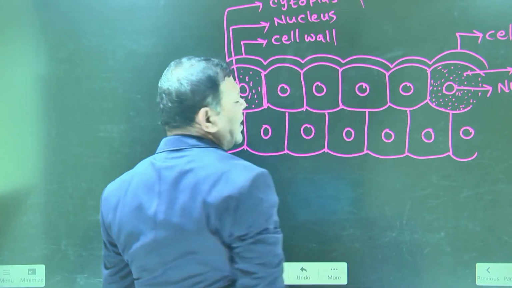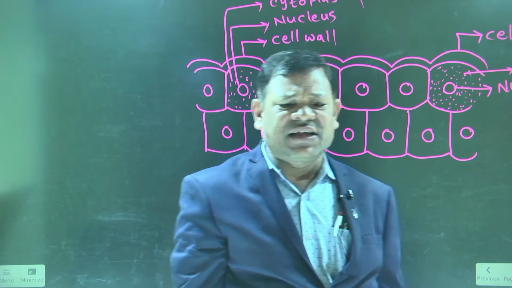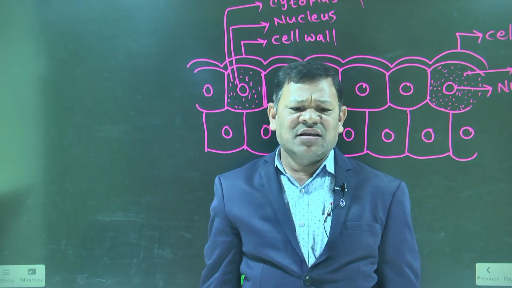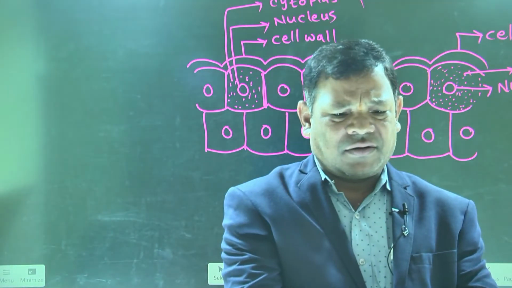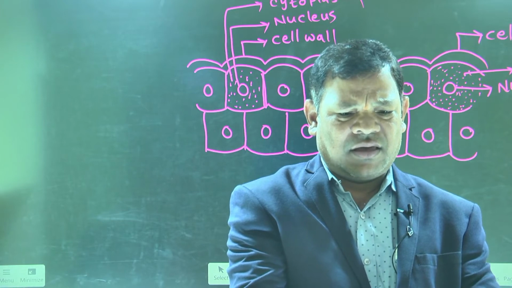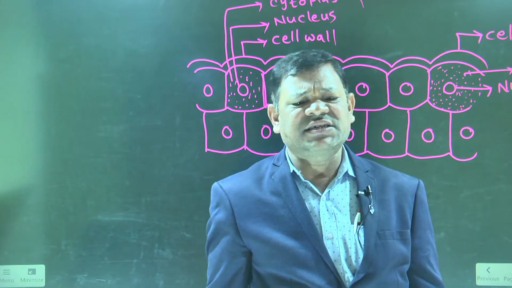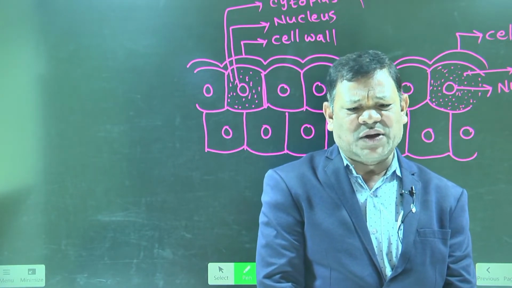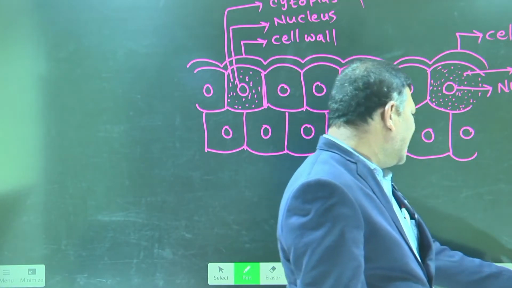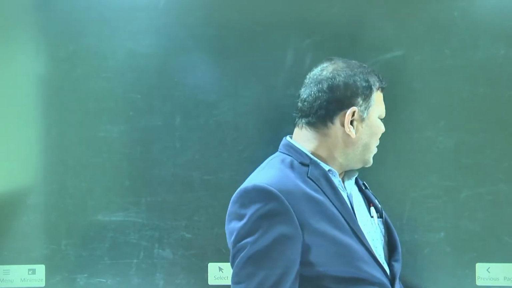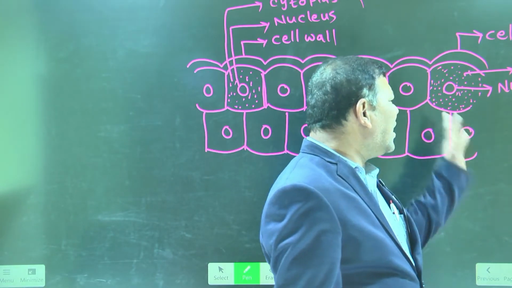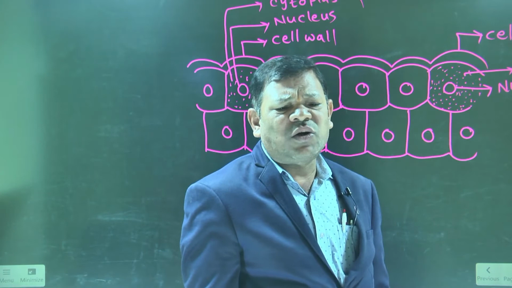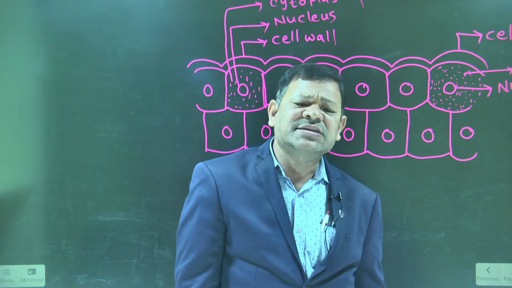Every cell consists of cell wall, nucleus and cytoplasm. Here you can see that in the plant, the outermost layer is the cell wall.